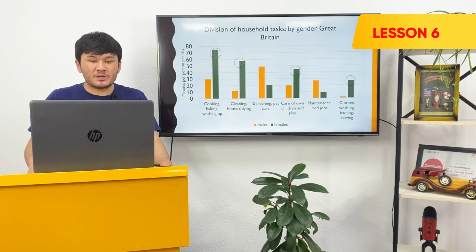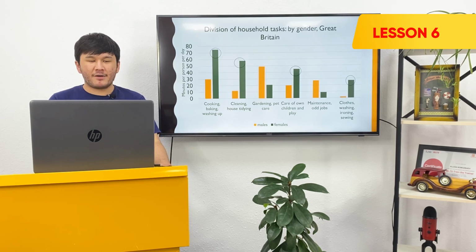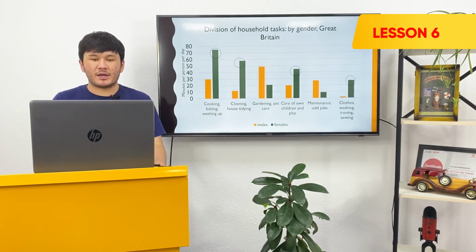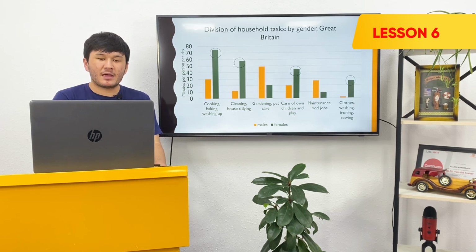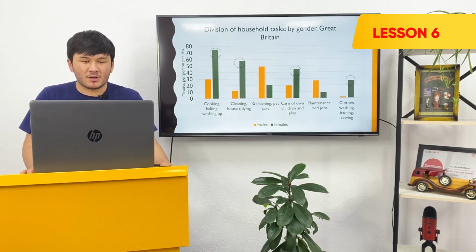Maintenance and odd jobs, men. And clothes washing, ironing and sewing, so that's women. So now we have to find the connection between the types of activities where men are more active and the ones where women are spending more time.